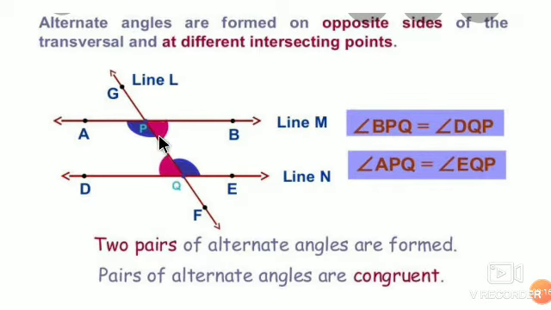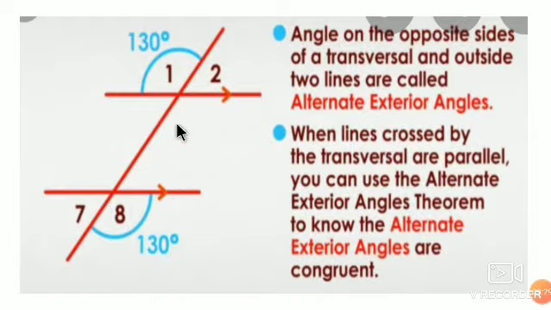Next one is the alternate exterior angles, meaning angle 1 and angle 8. The two exterior angles that are present on opposite sides of the transversal in the exterior portion are called alternate exterior angles.